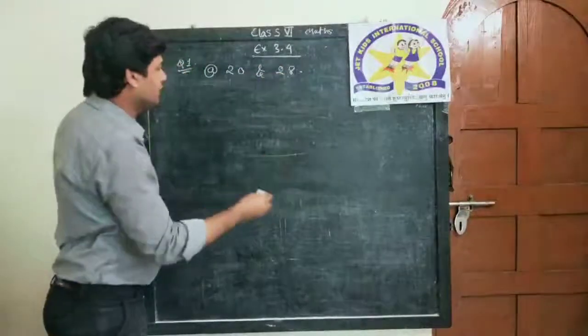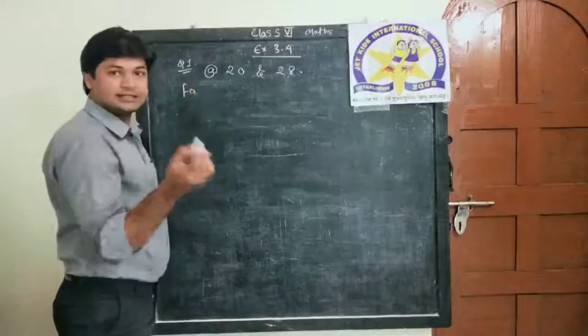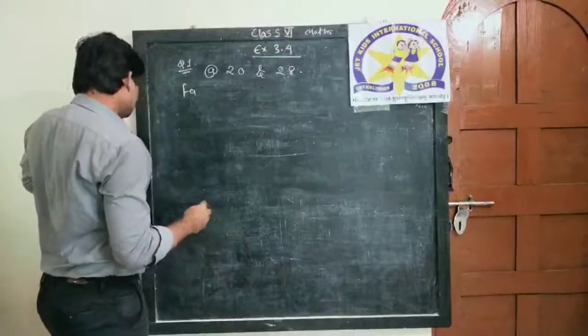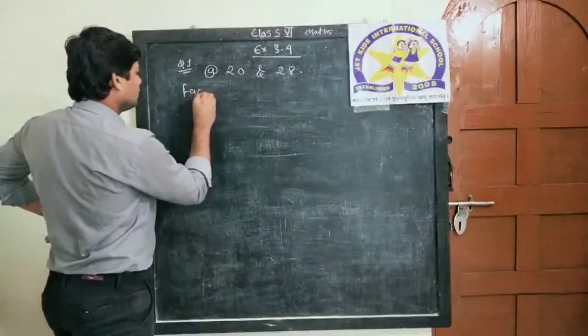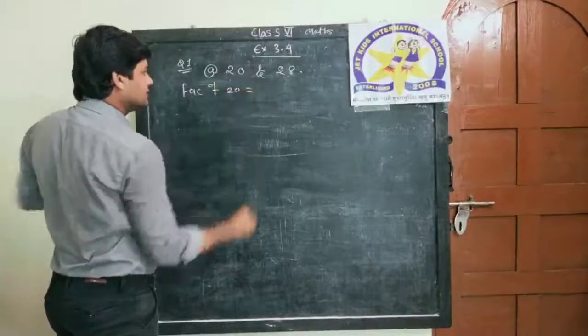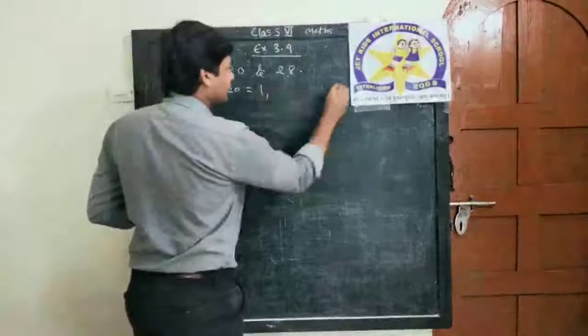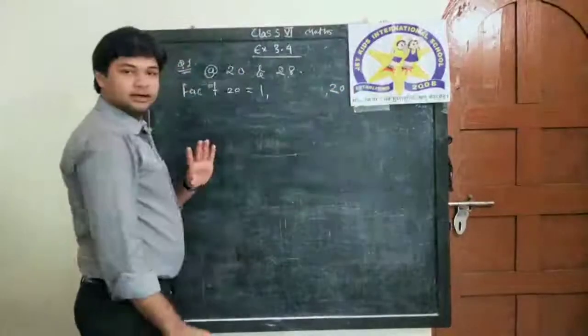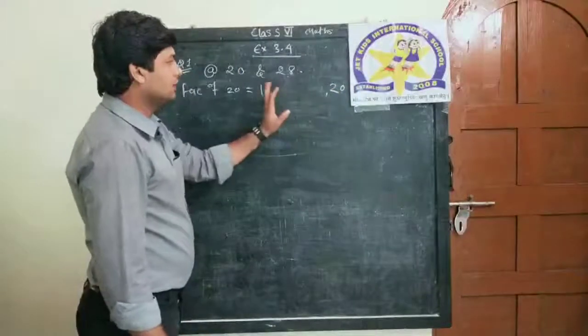You know very well how to find factors. Now I am increasing speed, so pay attention. Factors of 20: first 1 multiplied by 20, 1 and the number itself.